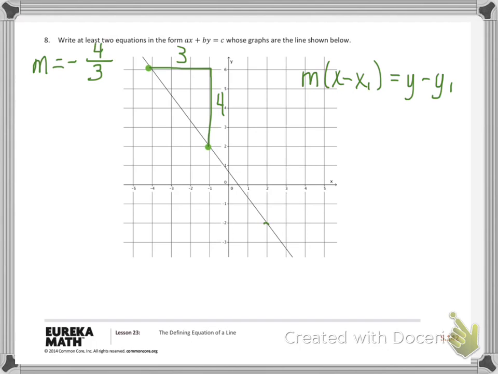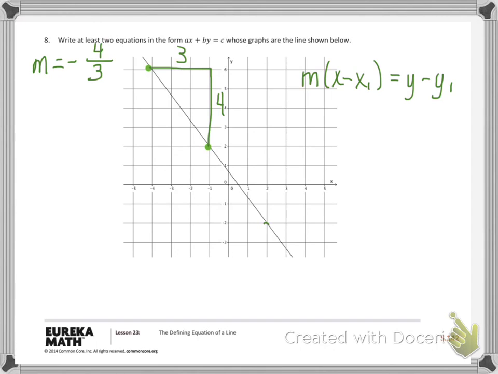And we noticed that that was really just the slope formula. So if we took this and divided by x minus x1, I would just have the formula for slope reorganized. So that's what we have going on there. But I can put in my known points and solve for and write my equation.